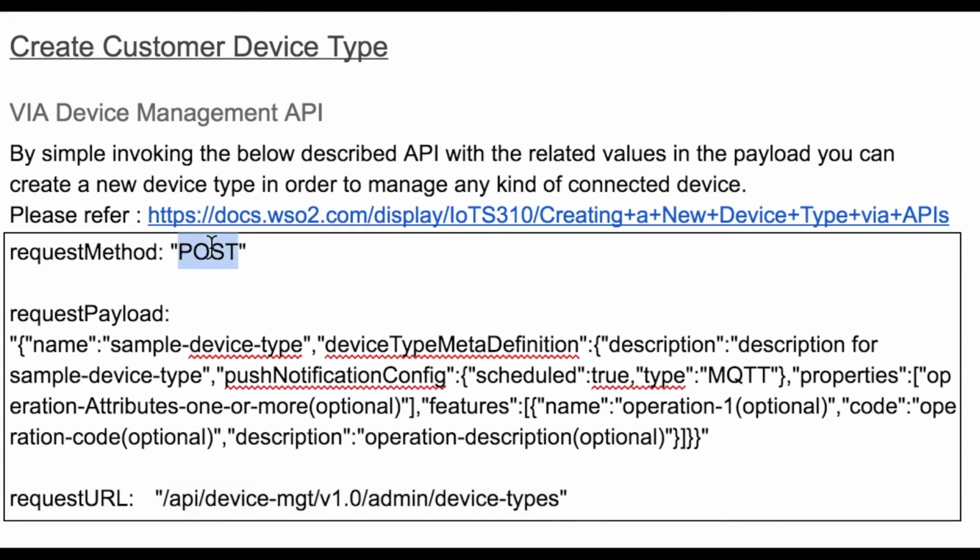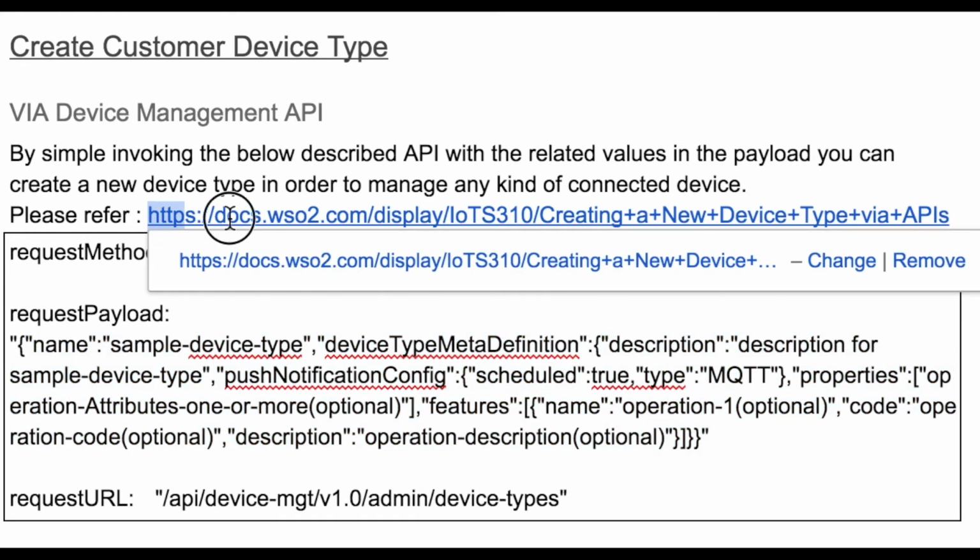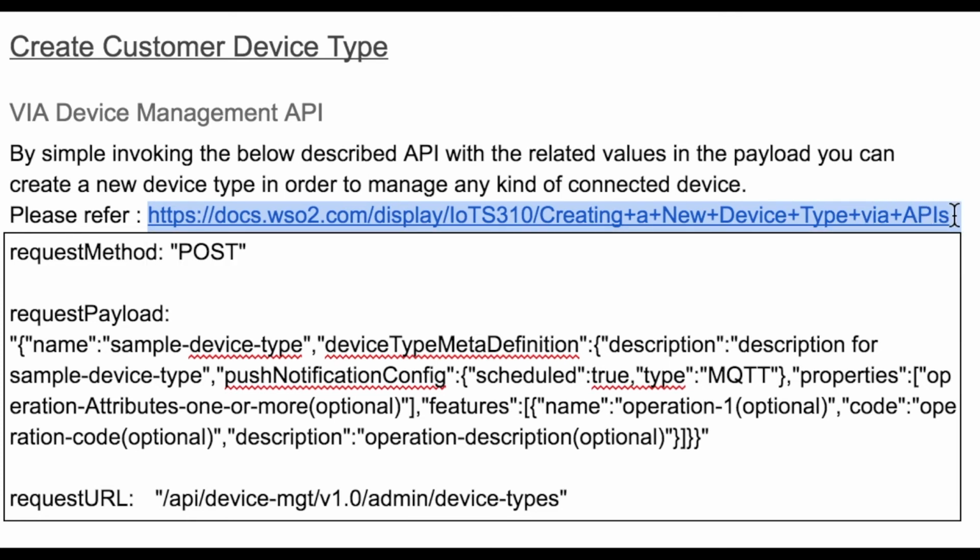You have to send a post request with a payload matching this particular sample payload, where it contains the name of the device type and the device type meta definition, which carries the description and push notification configs and properties and features we defined in the UI. You have to provide the same as a JSON payload and put a post request. You can find a more detailed explanation about creating a device type via APIs from this particular documentation.